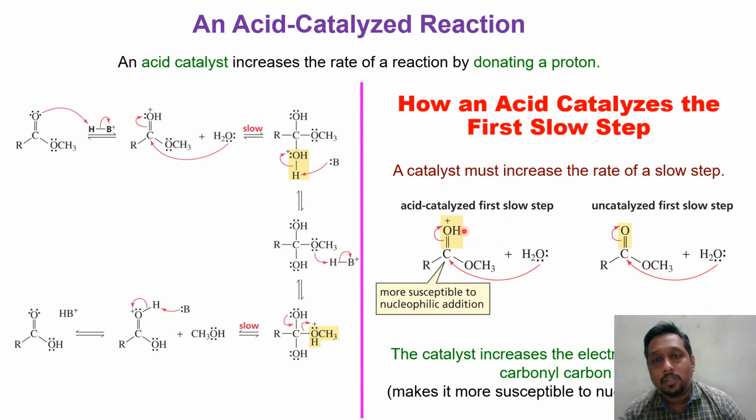So first, in the first slow step, the carbonyl oxygen gets protonated, thereby increasing the electrophilicity of this carbonyl carbon, and it will be more susceptible to nucleophilic addition even with weak nucleophiles.